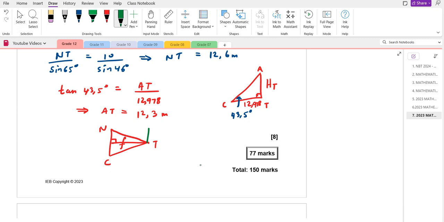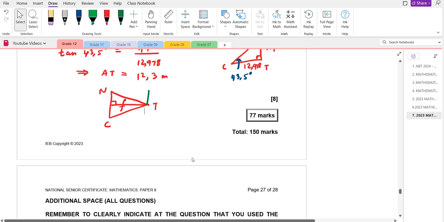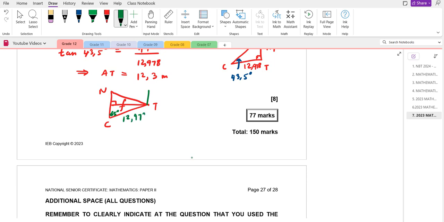So angle C here is 65, right? We have CT, 12,978, and obviously we can get this perpendicular height here. So this is the perpendicular height, let's just call it F. So what can we use? Opposite and hypotenuse.